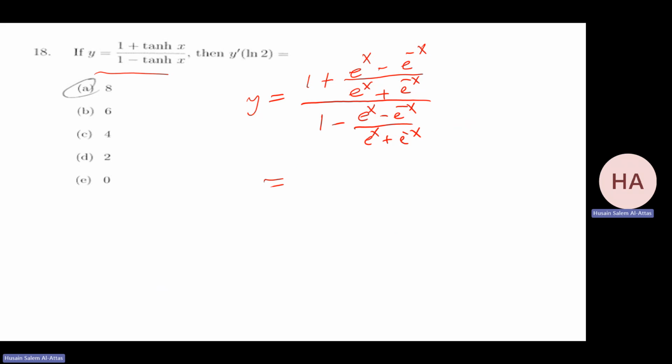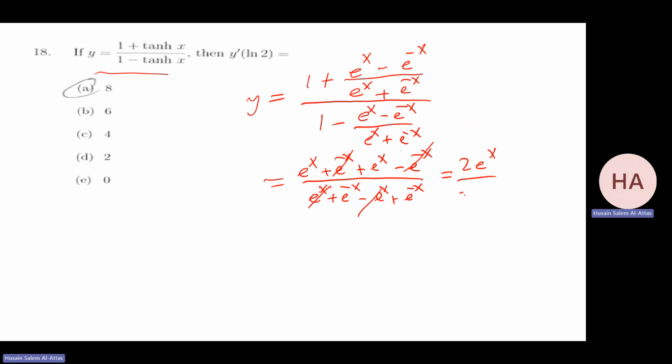I'm dealing with y; until now I did not do any derivative. So that will be e^x plus e^(-x) plus e^x minus e^(-x) over e^x plus e^(-x), which is cancelled by the one in the denominator, so no need to waste time. This is minus e^x plus e^(-x), so this cancels and that cancels. So I have 2e^x over 2e^(-x)... 2 cancelled, so I have e^(2x).